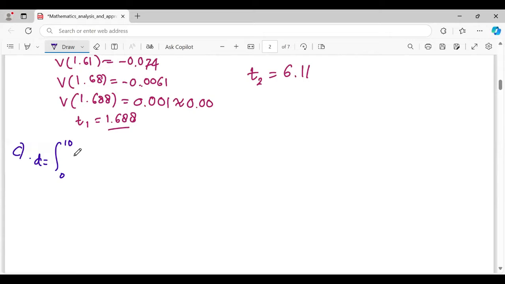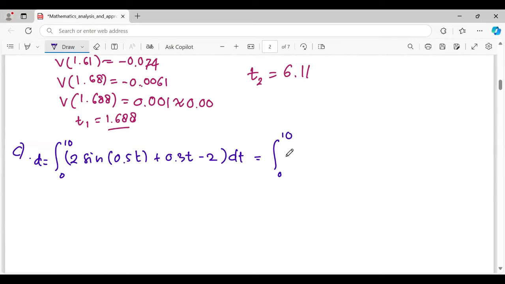Integral of 2 sine 0.5t plus 0.3t minus 2, dt. And we have to first find the integral of this function.